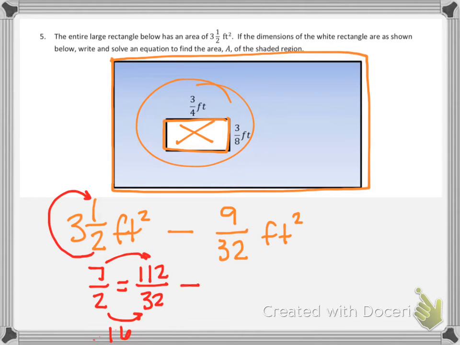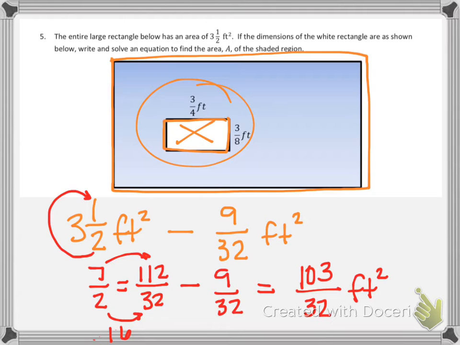So that's the equivalent improper fraction. And I'm going to subtract away 9 32nds. So that leaves me with 103 32nds square feet. And that is the area of the blue shaded region.